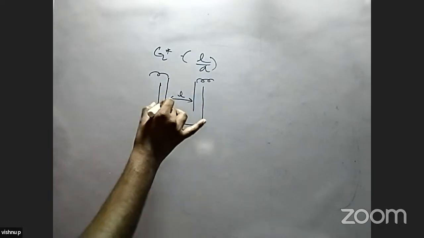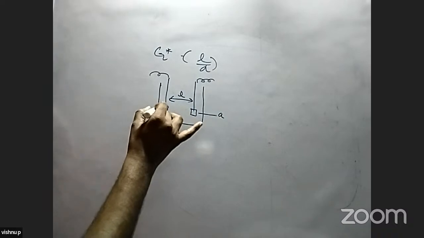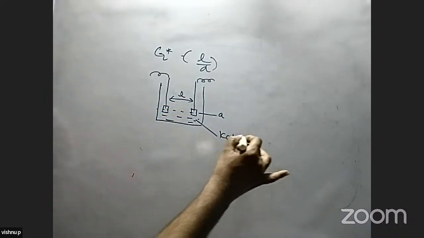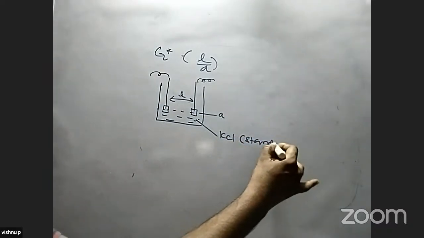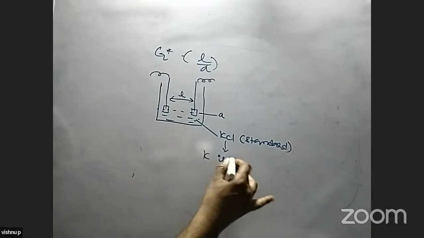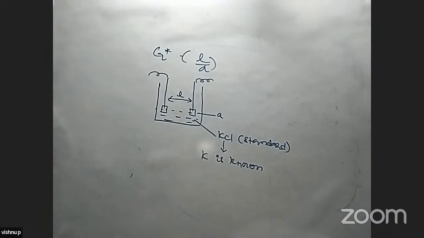This is L, and this is called the area of cross section. The electrolyte used is standard KCl. The specific conductance kappa of this solution is known.